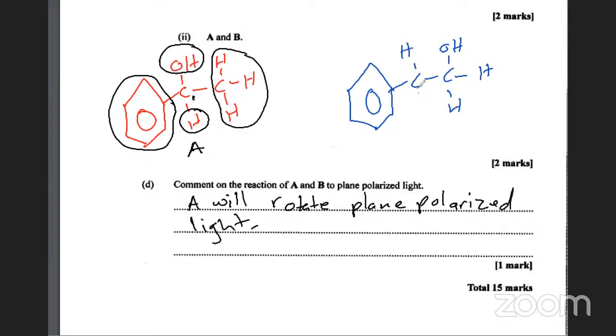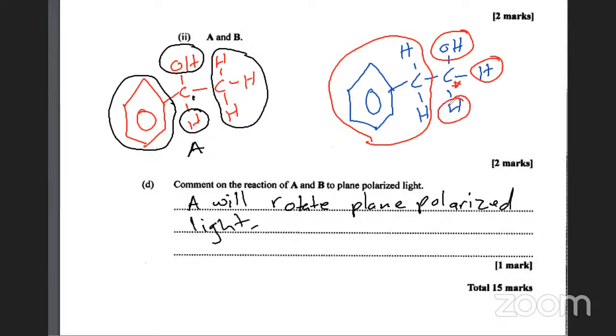Do you think B has any chiral carbon? Right? If I should check this carbon, it has an OH group above, all of this to the left, a hydrogen to the right, and a hydrogen below. Is it chiral? No, sir. Can you tell me why? Because you have two hydrogen, which is the same functional group. That is correct.